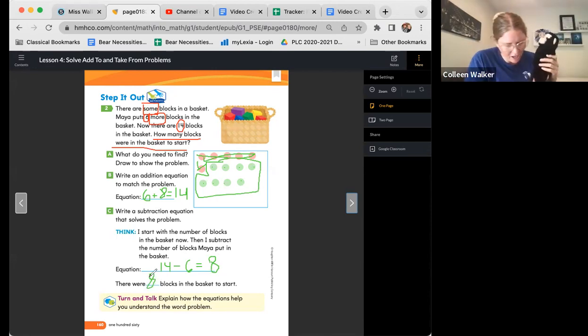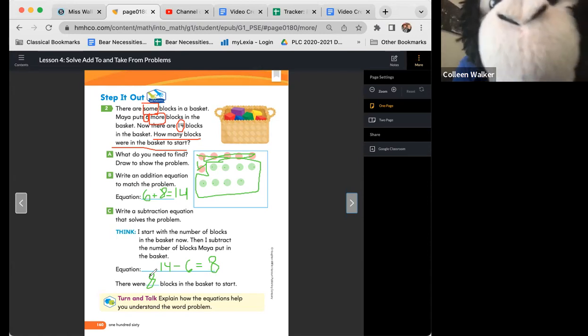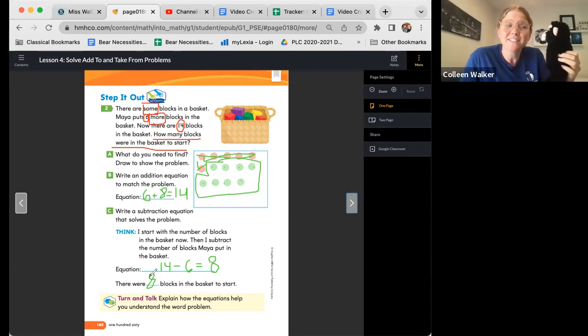Time for a turn and talk. Monkey, can you explain how the equations help you understand the word problem? Monkey, you have to stay over here so the children can see. Okay, how do the equations help you understand the word problem?